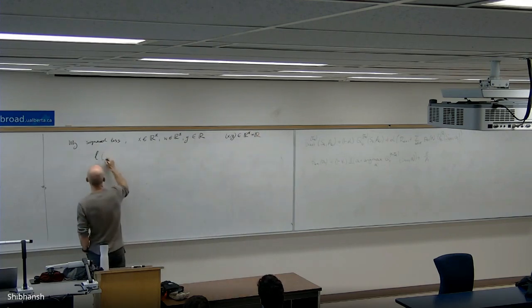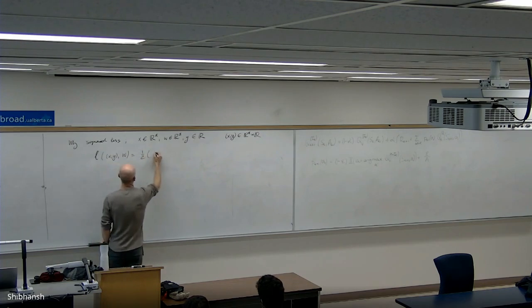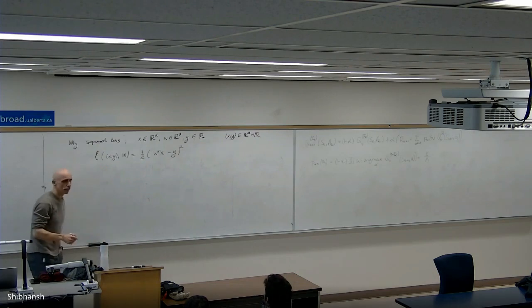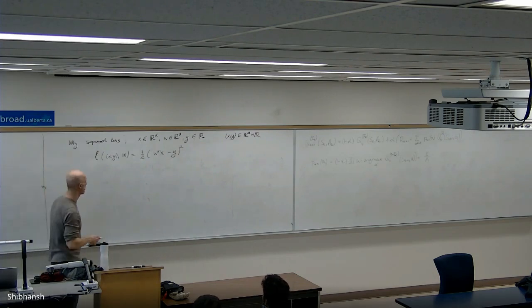And the loss on this data point of the weight is just going to be, take the predicted value, which is the inner product of w and x, compare it to the target, take the difference, square it, maybe normalize with 1/2.